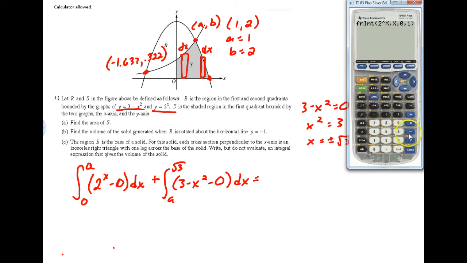We'll calculate that value and then add it to the next value, math number 9. The next function is 3 minus x squared, with respect to x, from 1 to square root of 3. Now we add those two together, and we get 2.240.